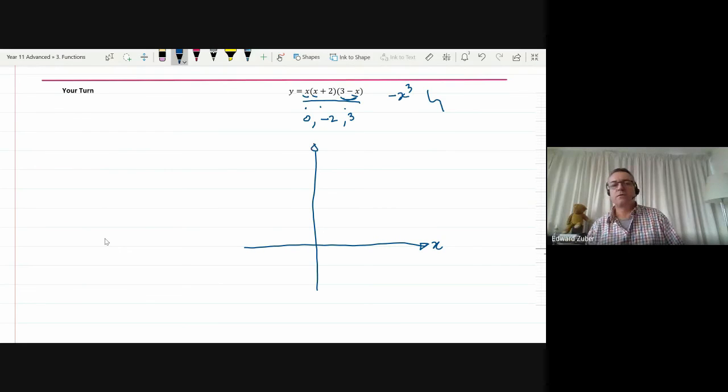X, Y. All right, so I'm going through the origin. -2, so why don't I just do that? And 1, 2, 3. Okay, so I want a downy, so I'm going to come through here, up here, and down through there.